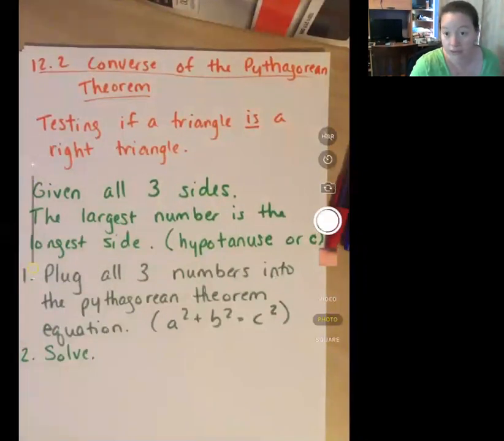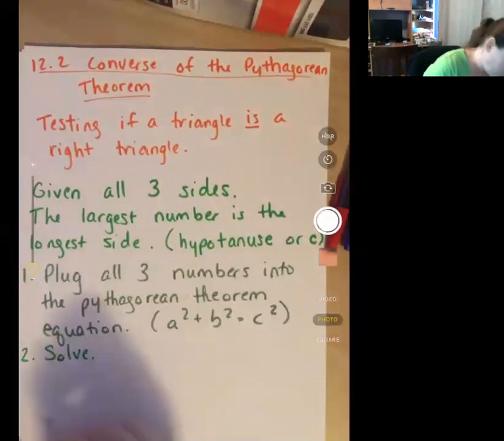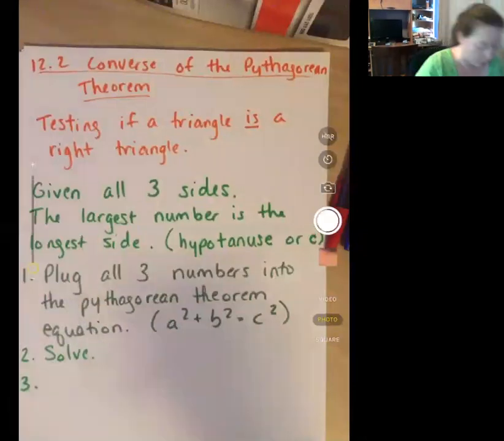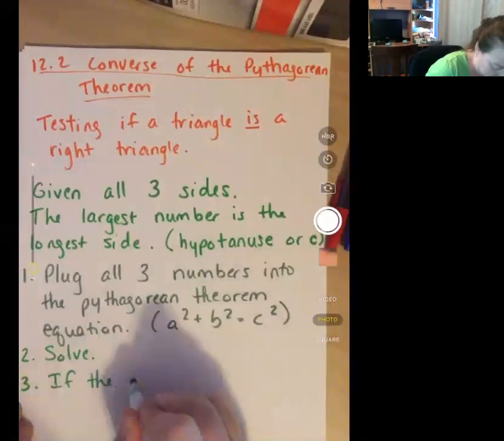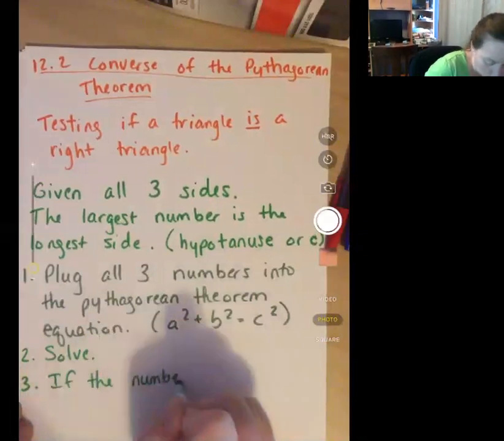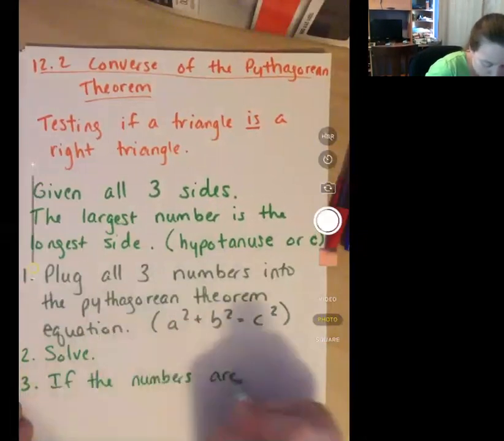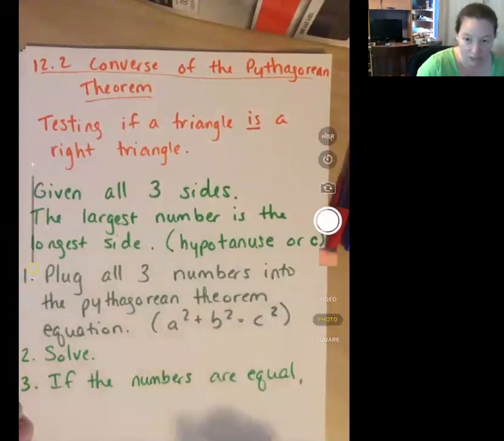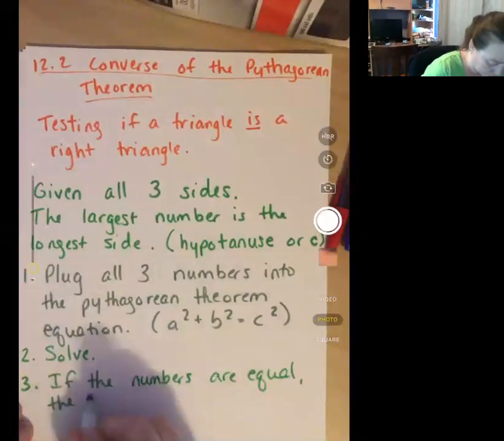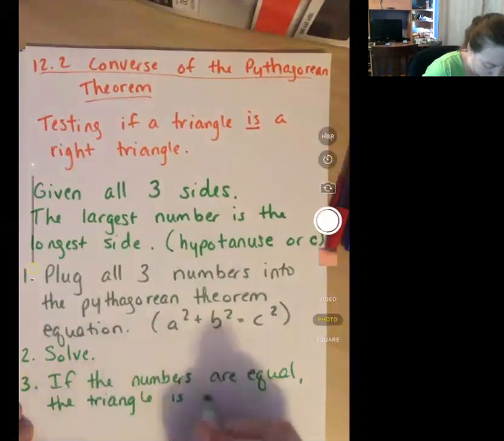You just solve it. And then the third thing, this is the important part: if the numbers are equal, the triangle is right.